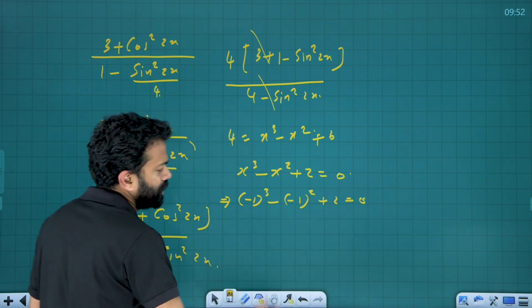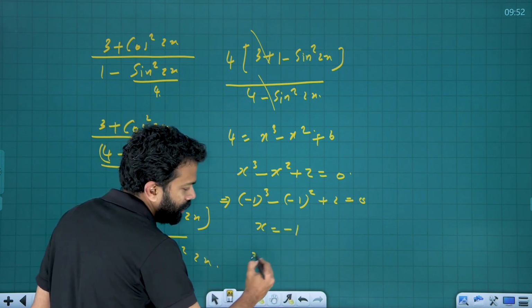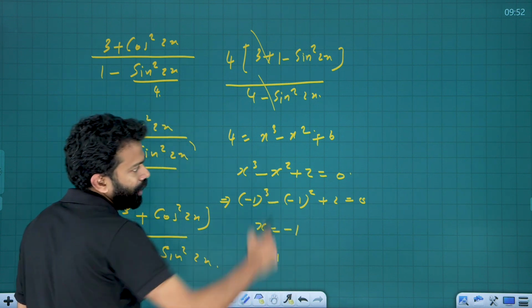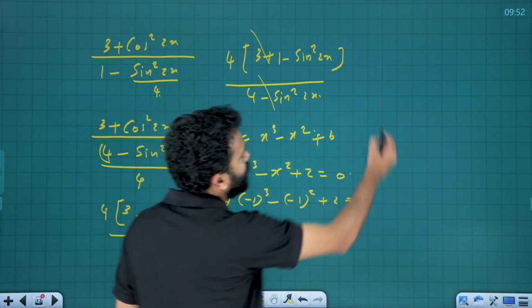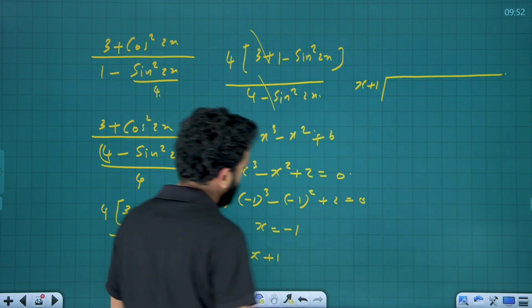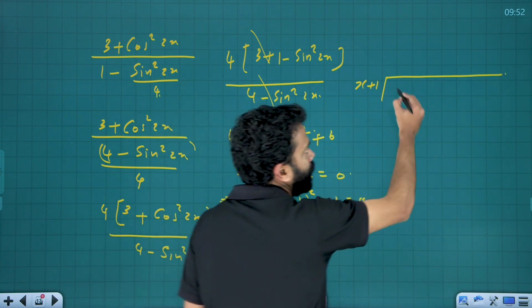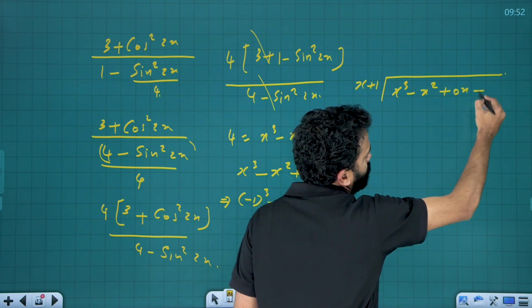So it satisfies. Therefore, x equal to minus 1 is a solution and therefore x plus 1 is a factor of this one. Therefore, we need to factorize this. It will be x plus 1 into, old school method, x cube minus x square plus 0x plus 2.